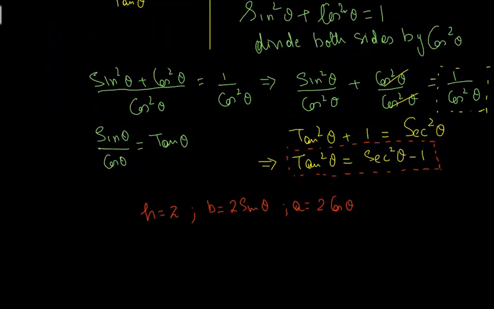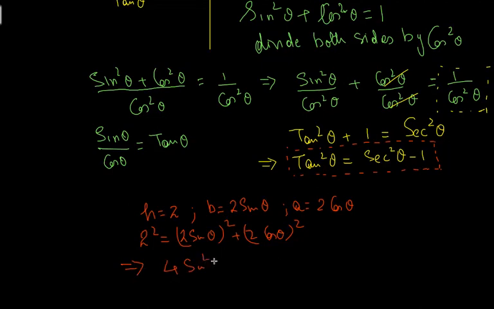So putting it back in our Pythagoras theorem, the square of the hypotenuse, 2 square, is equal to the sum of the squares of the two sides. 2 sine theta whole square plus 2 cos theta whole square, which makes it 4 sine square theta plus 4 cos square theta, and this is equal to 4.